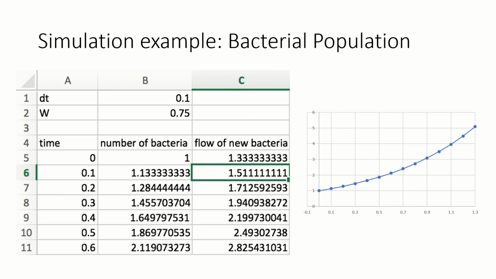In number 2, I ask you to modify it so that we have a death rate, which we'll get into in a second. And then I also have you play with the dt. So that'll be your opportunity. But for the first one, it's okay to leave it with these values.